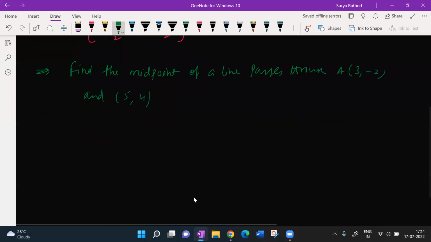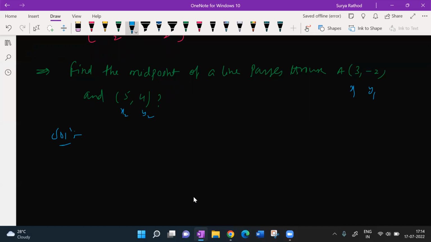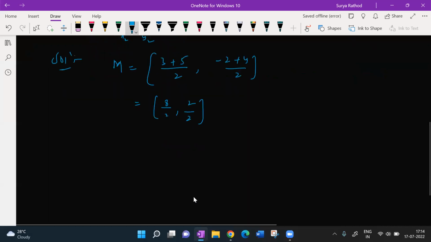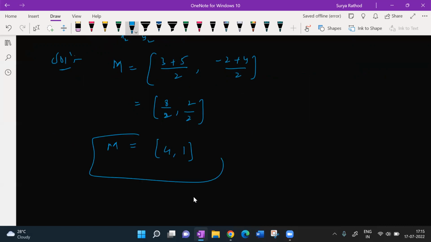How do you find the midpoint? Sir, A is x1 means 3 and y1 means minus 2. Yeah, this is x2, this is y2. Midpoint M is x1 plus x2 by 2, y1 plus y2 by 2. So 3 plus 5 is 8, 8 by 2 is 4, and minus 2 plus 4 is 2, 2 by 2 is 1. So 4 comma 1 is the midpoint. Correct? Yes, sir. Very simple, isn't it?